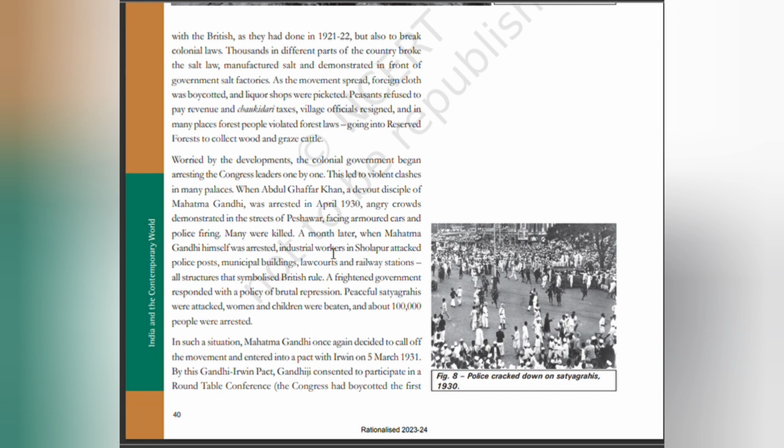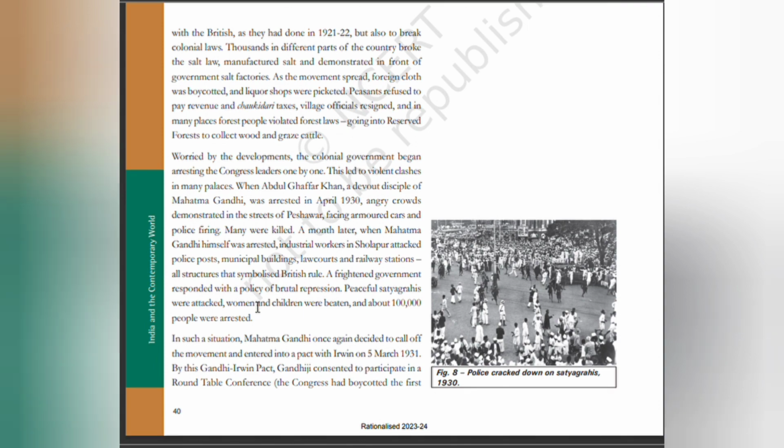Many were killed. A month later, when Mahatma Gandhi himself was arrested, industrial workers in Sholapur attacked police posts, municipal buildings, law courts, and railway stations, all structures that symbolized British rule. A frightened government responded with a policy of brutal repression. Peaceful satyagrahis were attacked, women and children were beaten, and about 1 lakh people were arrested.